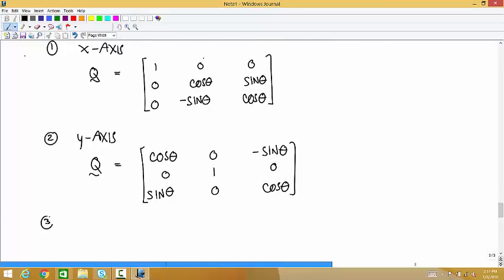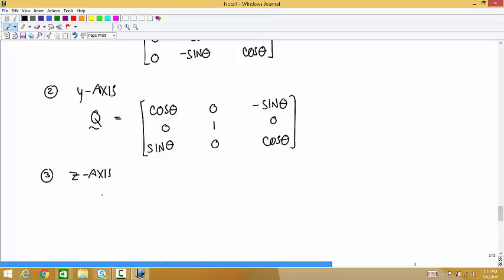And third, about the z-axis, it's cosine theta, sine theta, 0, negative sine theta, cosine theta, 0, 0, 0, 1.